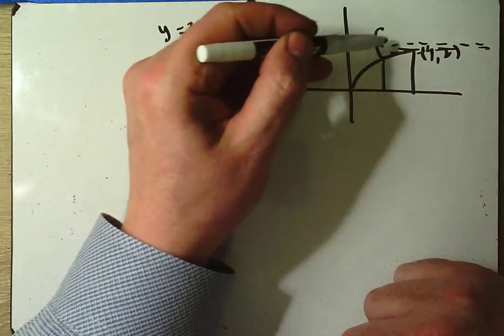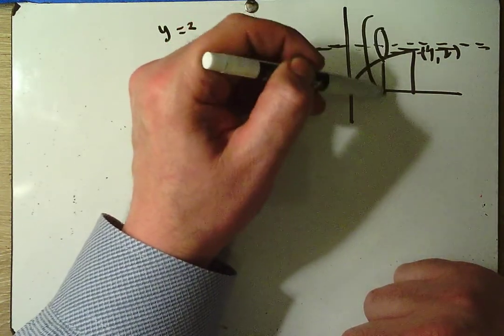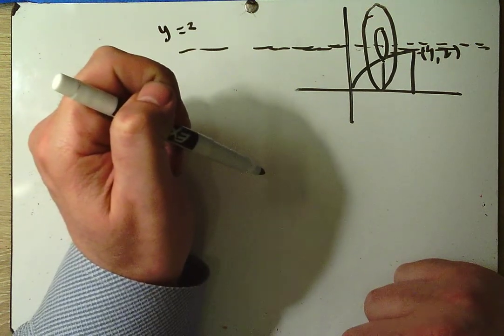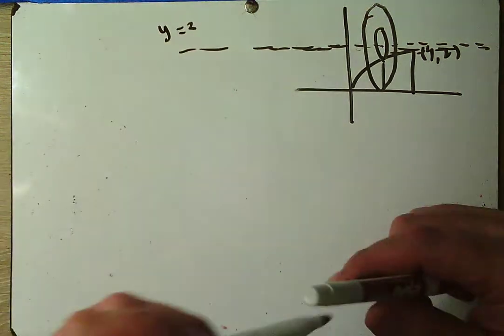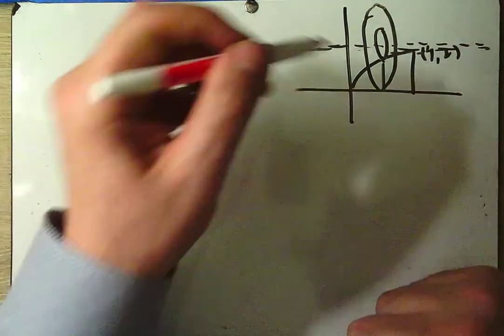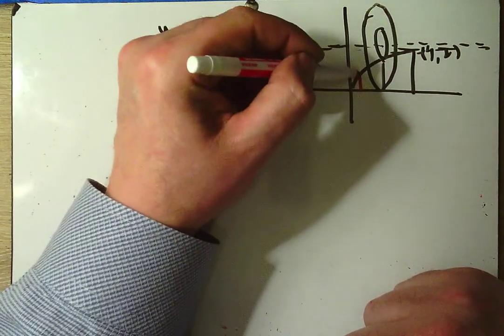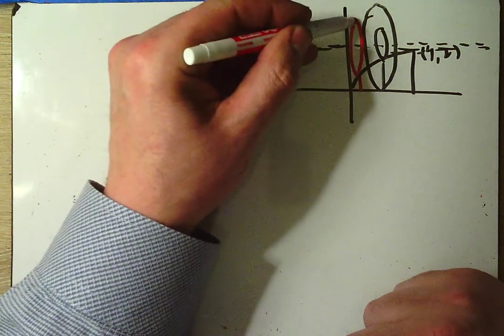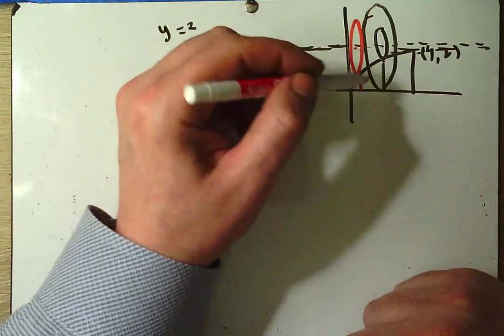Then, at each end, you draw a circle. You don't like that one? Draw another one. At each end, draw a circle whose center is the axis of rotation.